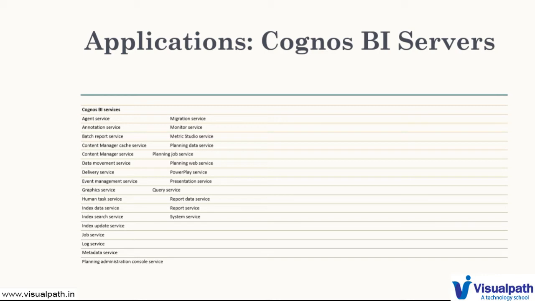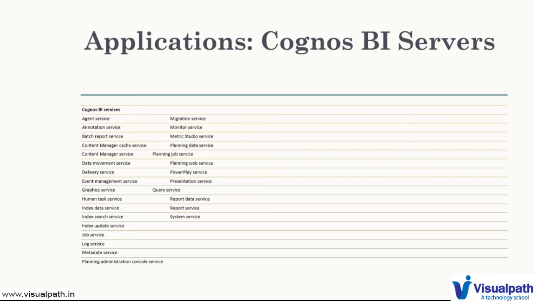This manages the migration from one version to another. Like any other tool, in Cognos we also have regular migration from one version to another. For example, previously we used to work in Cognos version 10, and prior to that in Cognos version 8.